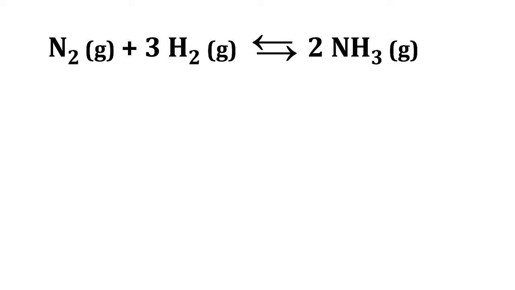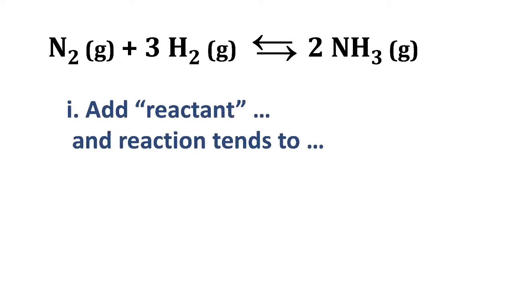So here's your classic equilibrium, the Haber process, making nitrogen and hydrogen into ammonia, NH3. This is our equilibrium system we'll use as an example. If we were to have some nitrogen, hydrogen, and ammonia in equilibrium at a given temperature, and to that system we added a reactant, either nitrogen or hydrogen, the reaction would tend to react in the direction that reduced or minimized the added stress.